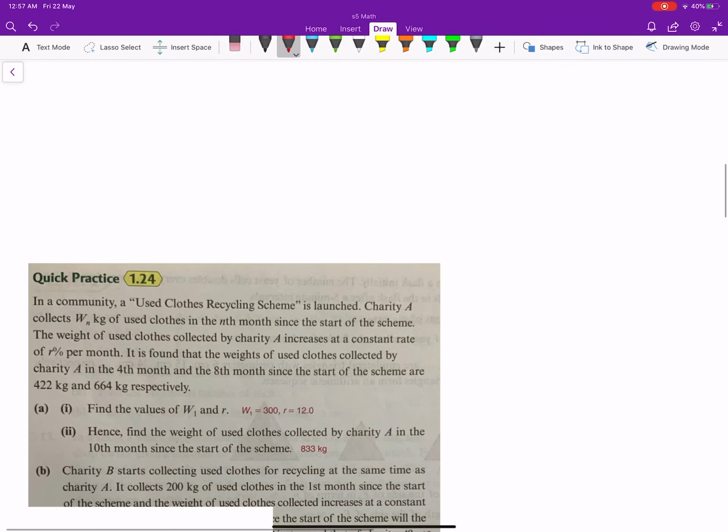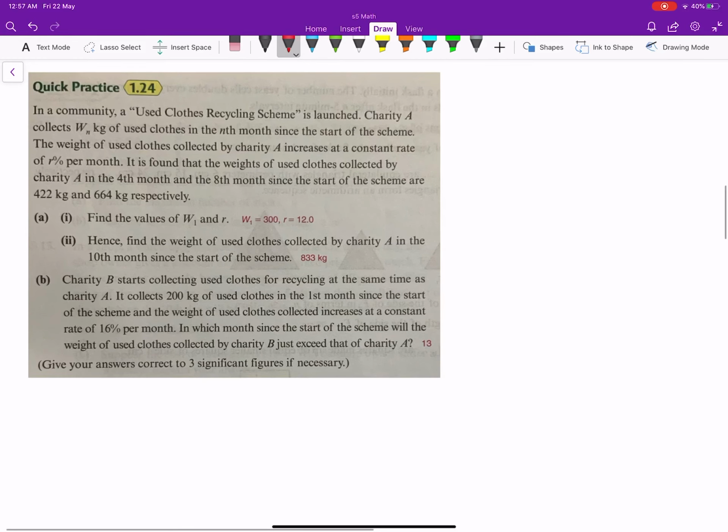Okay, so now we go to the last quick practice. Again, it's a long question. So let's try to do it together. Actually, a similar situation. Okay, instead of the X and Y companies in the previous example, now it is charity A, and also you will find B in part B. So now A again collects some weight, but this is now used clothes, instead of garbage.